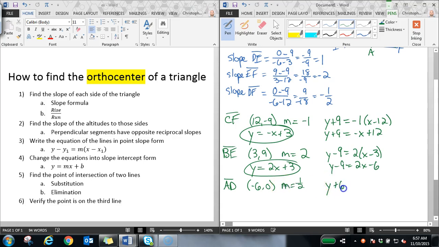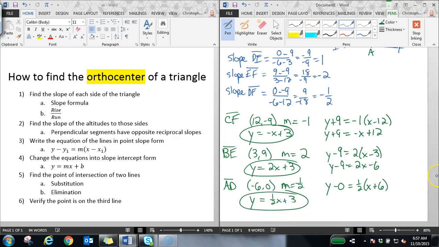We substitute in, y minus 0 equals 1 half times x plus 6. Then I distribute, and y minus 0 is y. I don't have to do much there. y equals 1 half x plus 3. So I have my 3 altitudes.